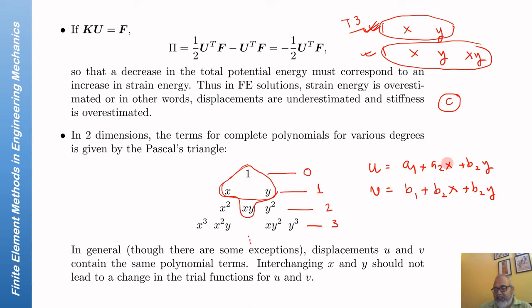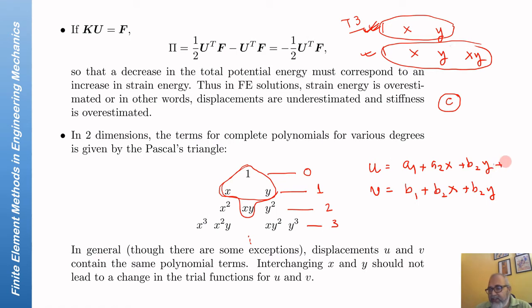The same basis functions are used in both cases, so that interchanging x and y would not change your approximation in any way. So the element does not care about the orientation of your global xy axes. Otherwise, you will have anisotropic elements.